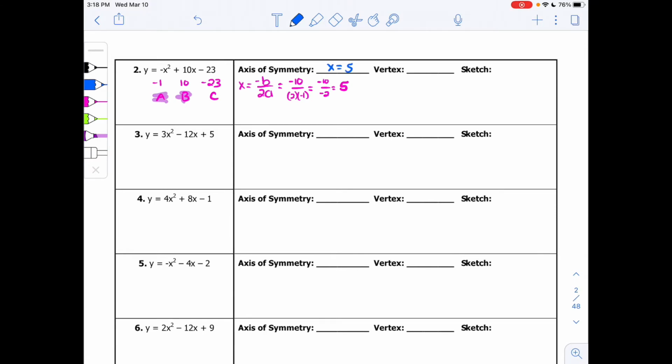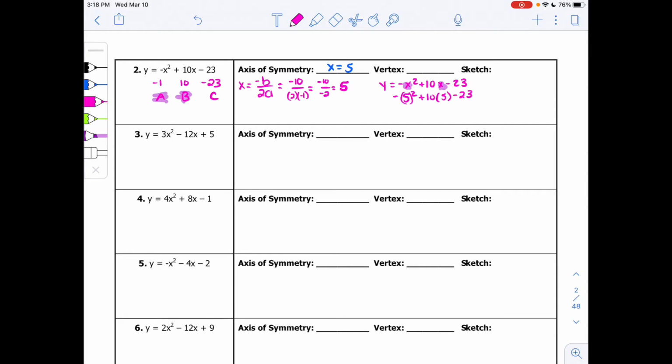Then we're going to calculate our vertex. Remember, for the vertex, we take our quadratic, y equals negative x squared plus 10x minus 23, and we replace both of these x's with what we just calculated. So we replace those x's with 5. So negative 5 squared plus 10 times 5 minus 23.